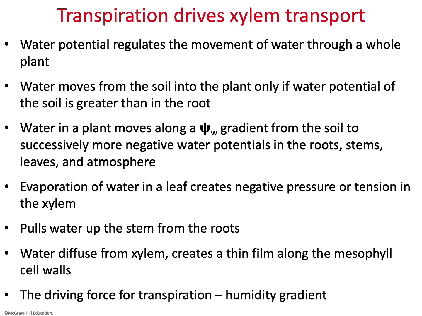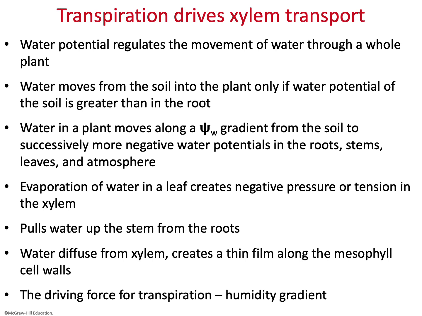Too much fertilizer or drought conditions can lower the water potential in soil and limit the water uptake. Water in a plant moves along a water potential gradient from the soil, where water potential is 0, to more negative water potential in roots.